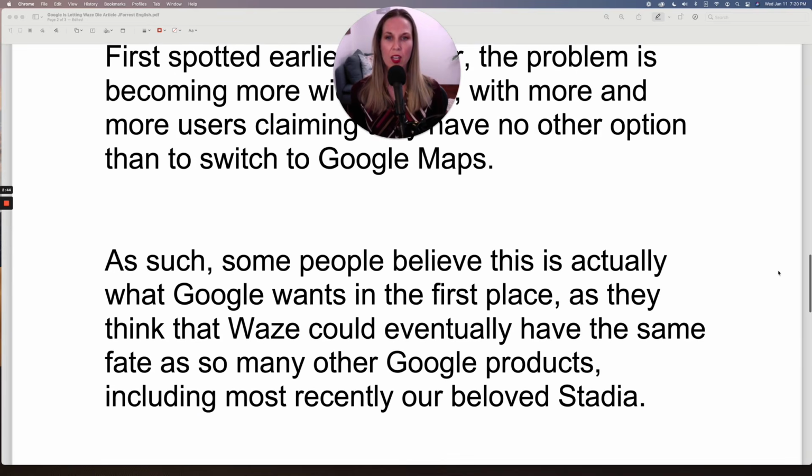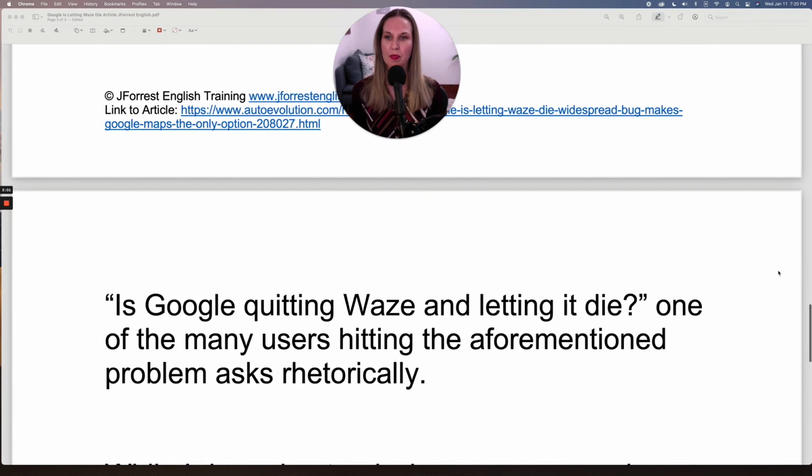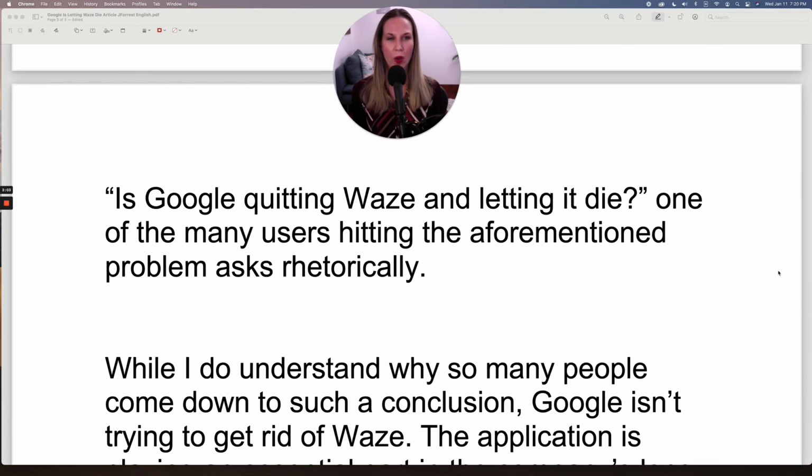As such, some people believe this is actually what Google wants in the first place, as they think that Waze could eventually have the same fate as so many other Google products, including most recently our beloved Stadia. Is Google quitting Waze and letting it die? One of the many users hitting the aforementioned problem asks rhetorically.